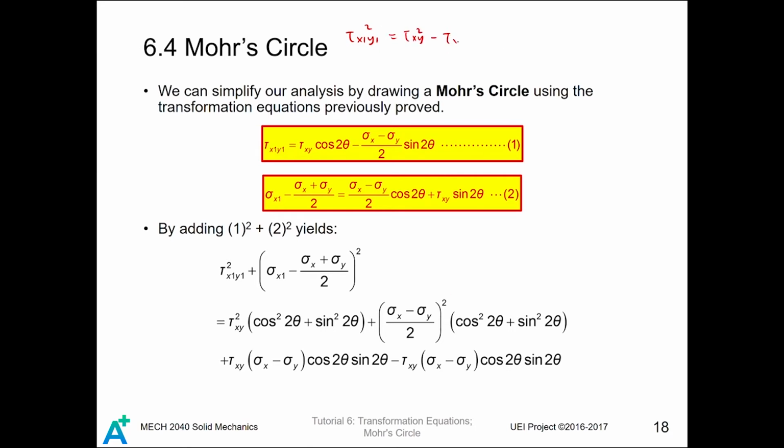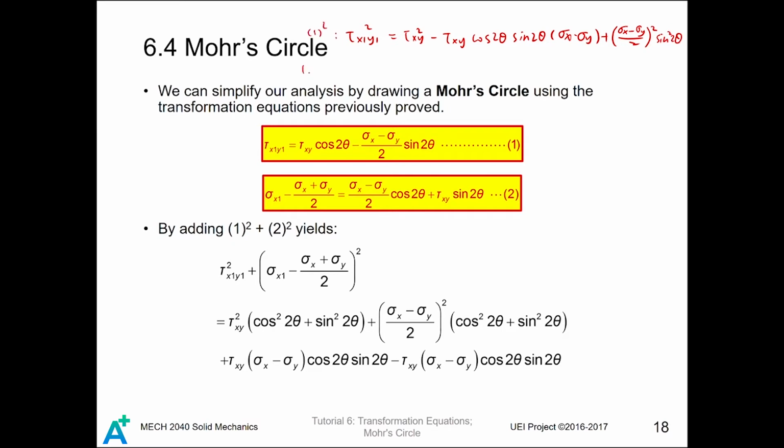Tau xy cosine 2 theta sine 2 theta times sigma x minus sigma y, plus sigma x minus sigma y divided by 2 squared sine squared 2 theta. Okay, this is equation 1 squared.